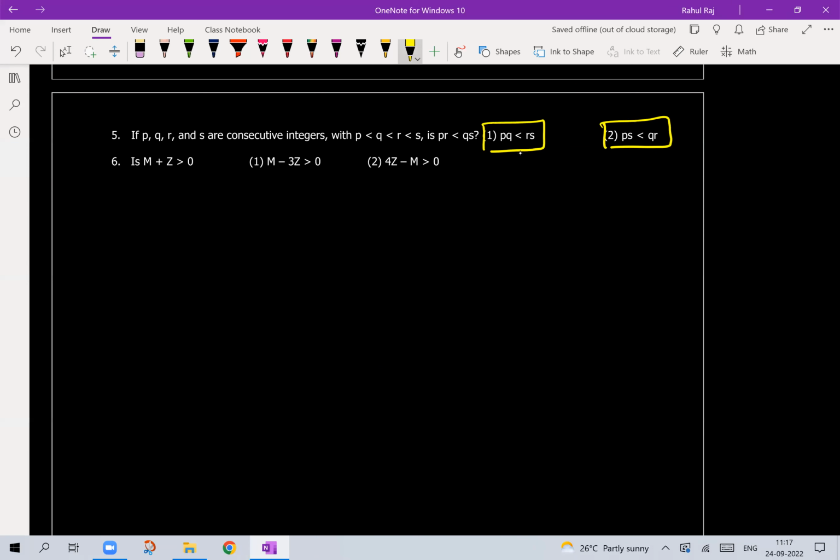Only then is there a possibility of combining. If you say statement 1 or 2 alone is sufficient to answer the question, combination will never be the answer at all.